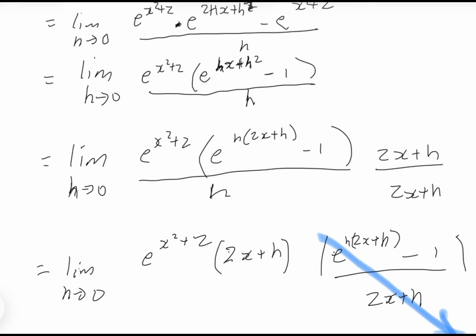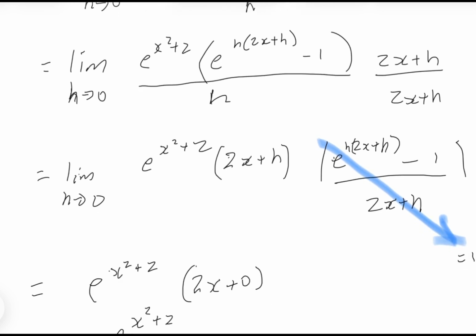That's going to be equal to the limit as h approaches 0 of e to the x squared plus 2, bracket e to the h times (2x plus h) minus 1, close brackets, all over h. And all this multiplied by 2x plus h over 2x plus h.